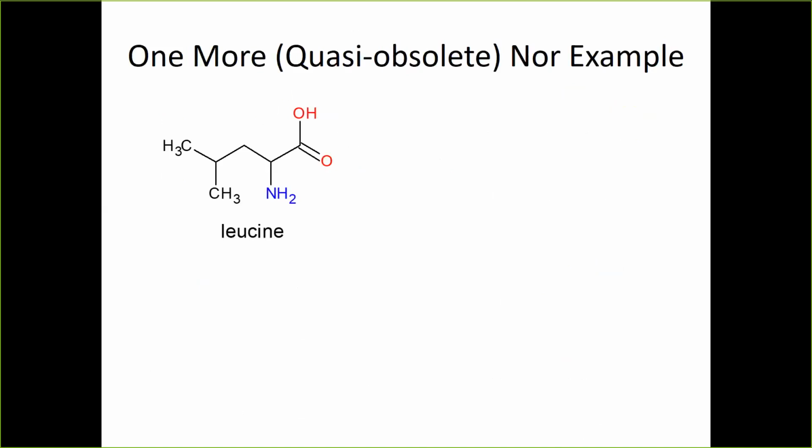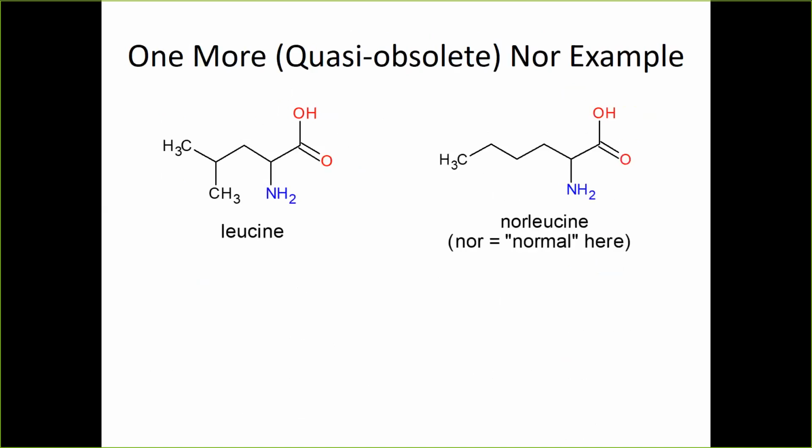What you're seeing on the far left is the amino acid leucine, which is one of the 20 common amino acids. Leucine has an isobutyl group as its side chain. And norleucine has the N-butyl group, or norbutyl, and so that is called norleucine. Again, in this case, nor is normal. It does not mean one less carbon. If you count, they both have 4 carbons in their side chain.